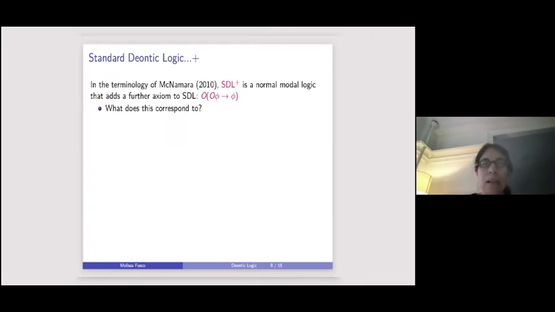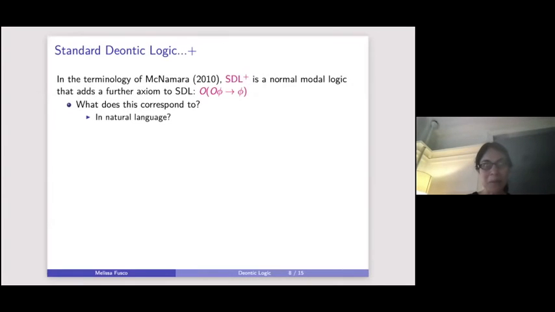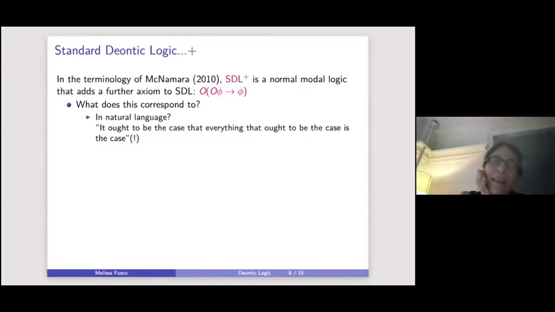So what does that correspond to? That's maybe a surprising thing to think about. If you want to pause and think about what that would be, you're welcome to. We can ask the question in two senses. What does that correspond to in natural language? If you were going to read that sentence in pink, it would be something like, it ought to be the case that everything that ought to be the case is the case.